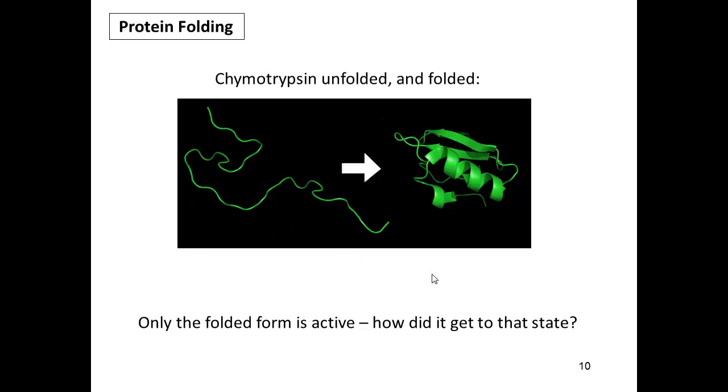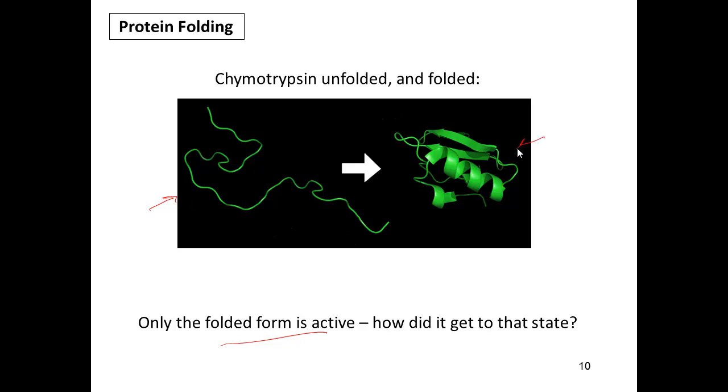I'd like to say just a few quick words about protein folding, because it's such a complex subject and not completely understood that I don't want to delve into it any more. But as we know, proteins are really only active in their folded forms. In their unfolded forms, as we see here on the left, they are not going to be capable of doing the kinds of biochemistry that we want them to do.